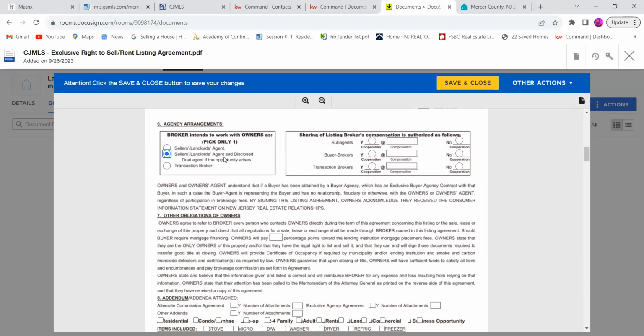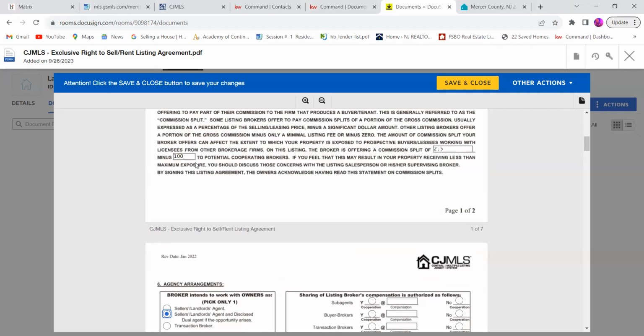And you can't get dual agency, even if the opportunity arises, because you didn't push this button. So make sure you always do that, because what if you're at an open house and a buyer walks in and he doesn't have an agent and he goes, I would love for you to represent me, right? You want that buyer. You want to get dual agency.